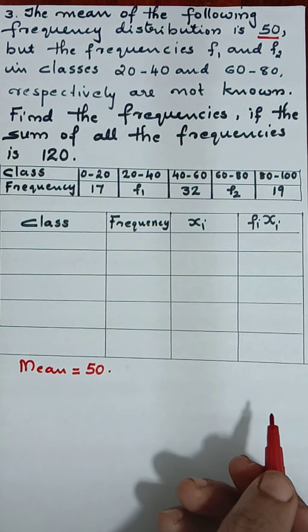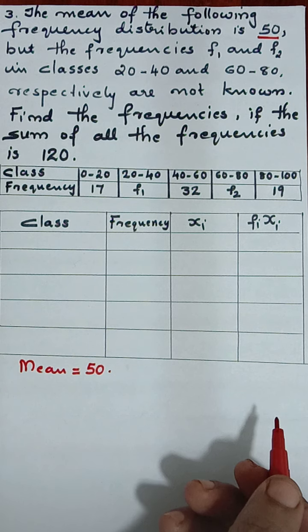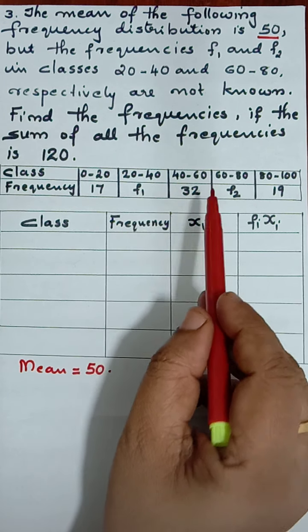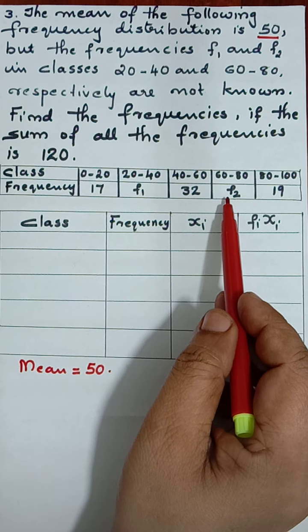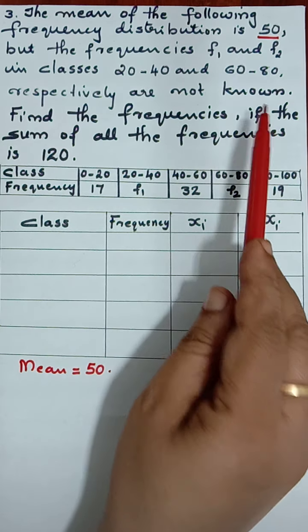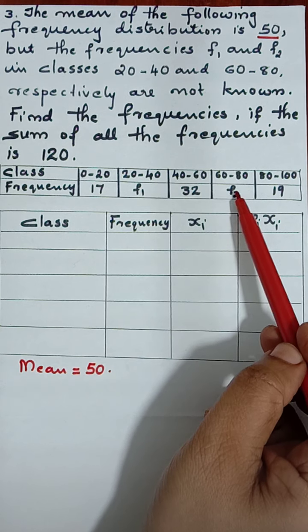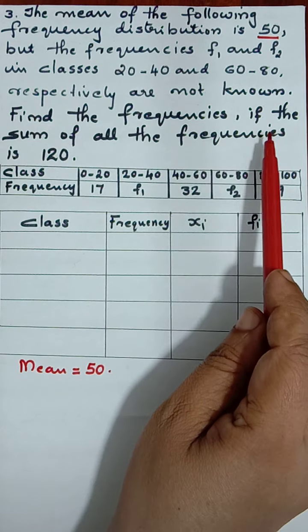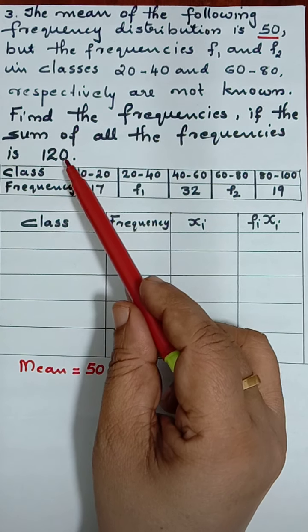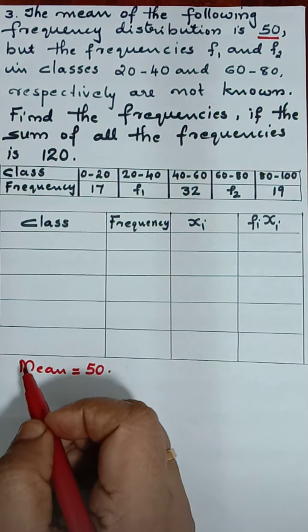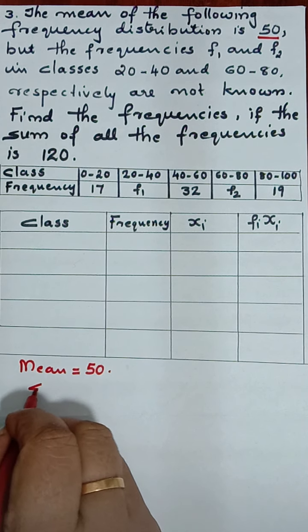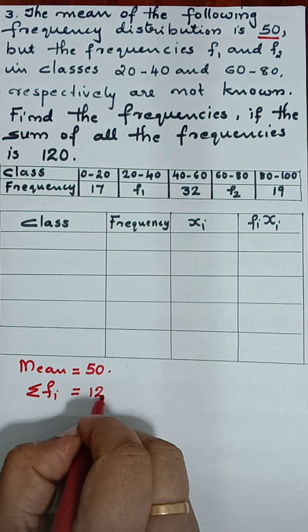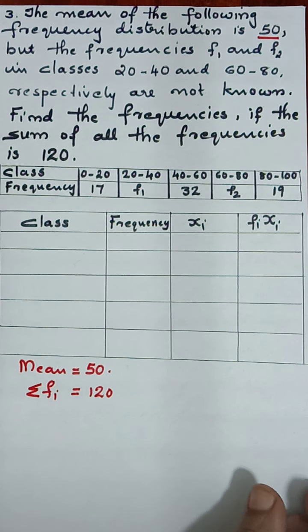But the frequencies f1 in class 20 to 40 and f2 in class 60 to 80 respectively are not known, that is, missing. Find the frequencies if the sum of all the frequencies, sigma Fi, is 120.